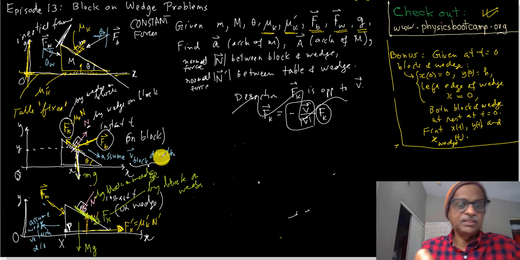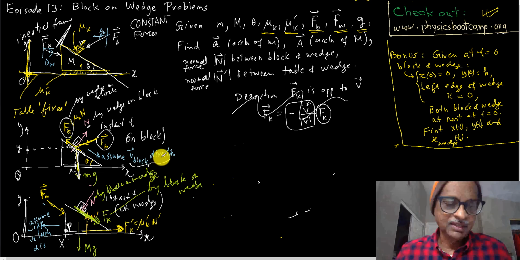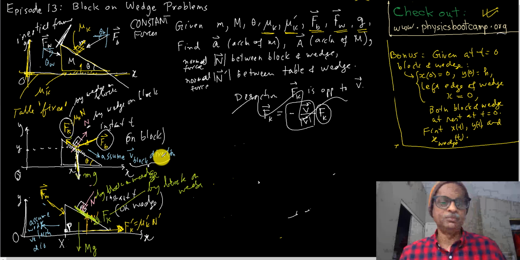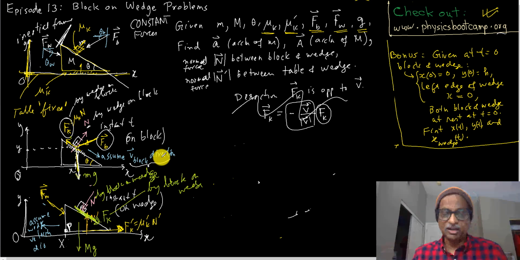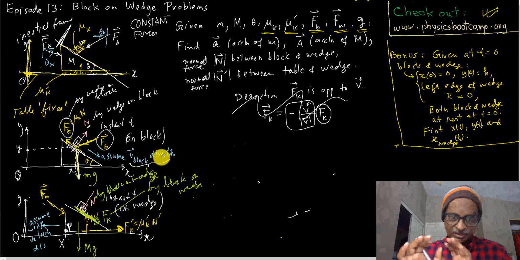When students study this subject for the first time, they have a problem relating block and wedge, what's going on between them. Not only are their movements coupled, which they tend to capture, but their forces are also internal forces between the block and the wedge, and they have to be paired up.